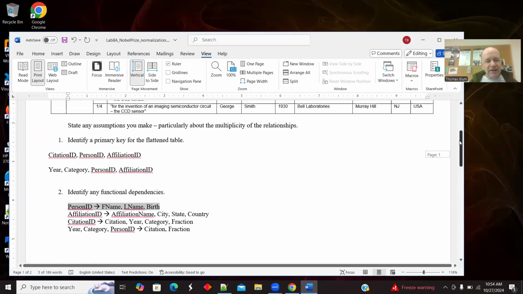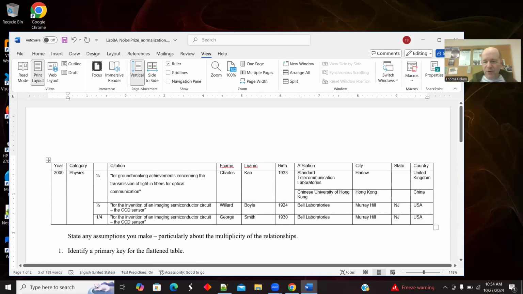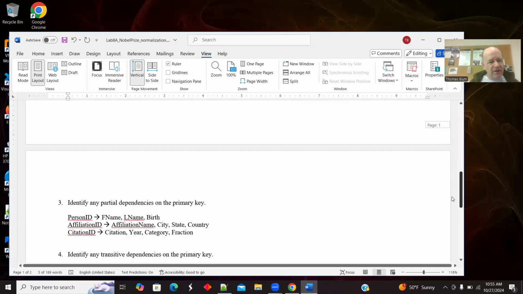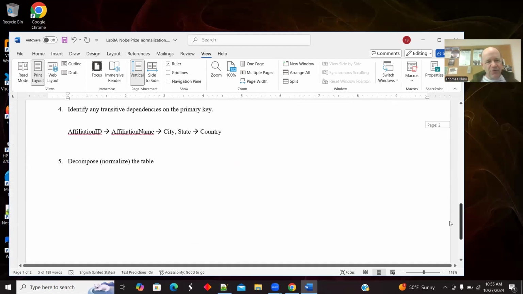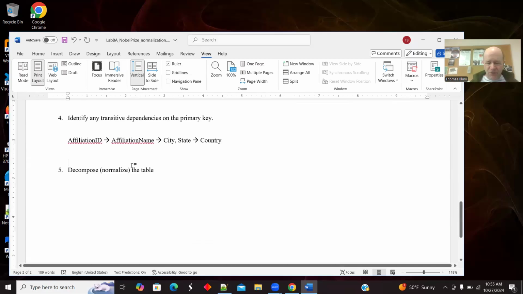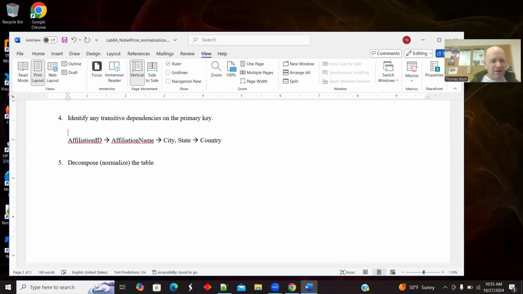I'm not sure I'm seeing anything particularly transitive here. We're going to pull out affiliation, which is going to give us location stuff. Person is going to give us first name, last name, birth, and then other stuff is going to give us the prize. So I think let's stop looking for transitives and let's get on to decomposing the table.